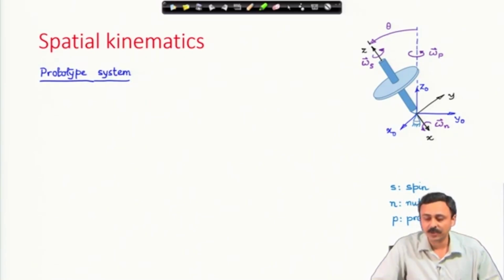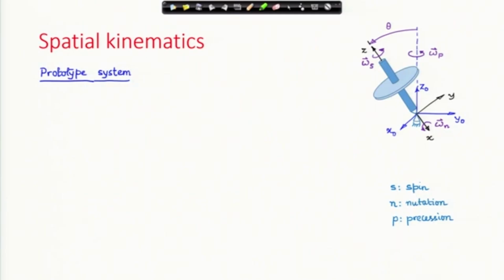That point is fixed. The body is spinning, the spinning angular velocity is omega s. There is something called a precessional motion, which is indicated by omega p about the vertical axis, and there is a nutational motion, which is about that x axis.